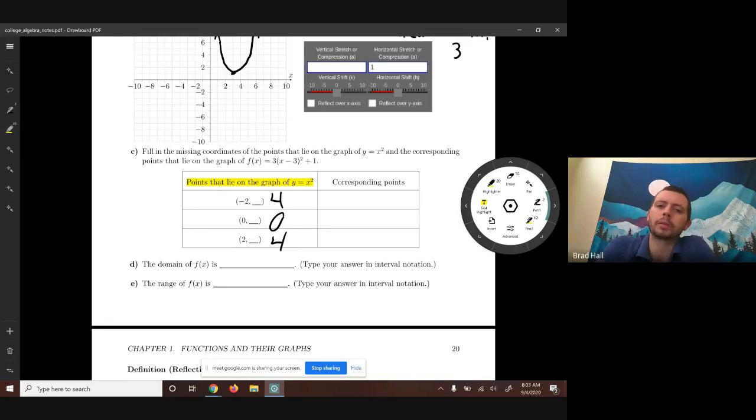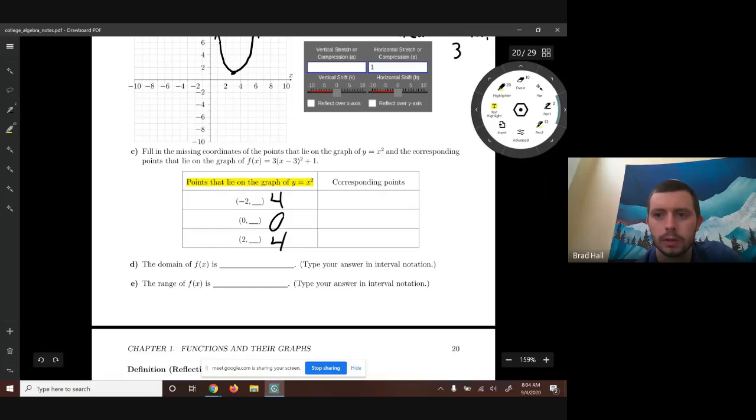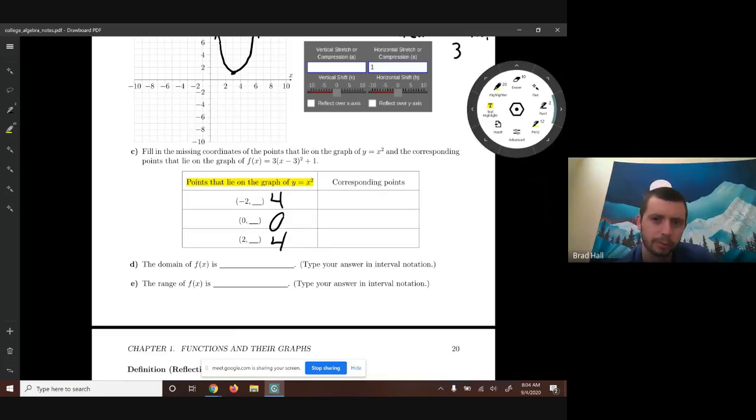And the reason why it's x squared is because that's the basic shape before we do any sort of transformation. And so after the transformation, they also want us to find the corresponding points, which tends to be a little bit tricky to determine all of that. So with the corresponding points, we would not be transferring the x values over.